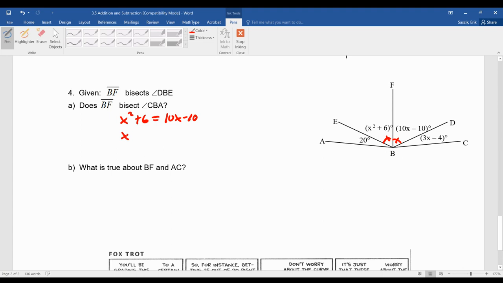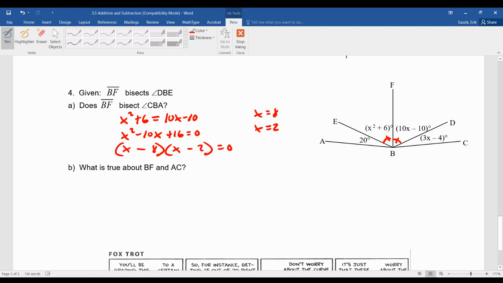This is a quadratic. I want to set it equal to 0. I'm going to move the 10x and the 10 over. And I'm going to factor this. This is a nice, easy one to factor. 8 and 2. So we get x equals 8. We get x equals 2. Now we got to explore both those answers.